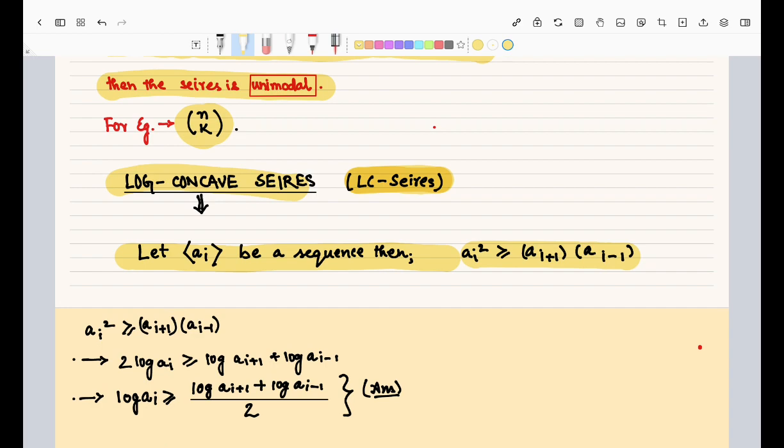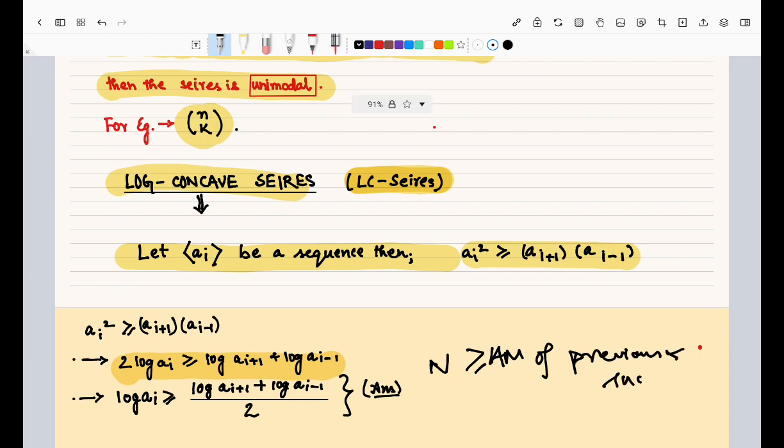A log concave series has a log in it, so just try to apply the logarithm and you would get basically that the AM of the previous term and the successor, say for the number n, is less than the logarithm of the number that is there in between, right?